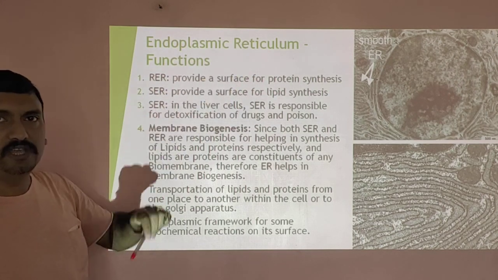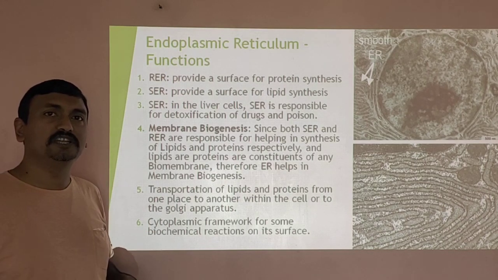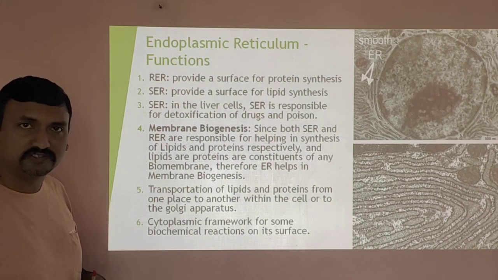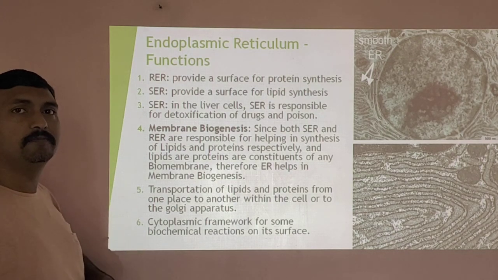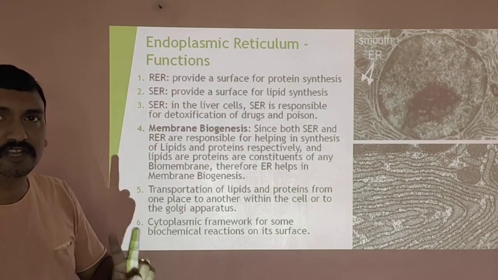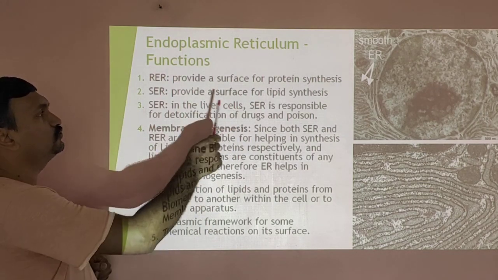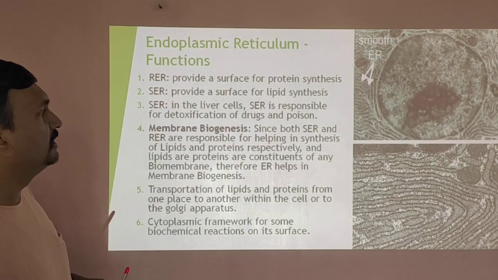Protein and lipid we have studied in the previous video are two important constituents for membrane synthesis. That is, your cell membrane or plasma membrane or any other membrane in a cell is made up of protein and lipid. These are the two primary constituents. And these two things are produced by rough and smooth endoplasmic reticulum.